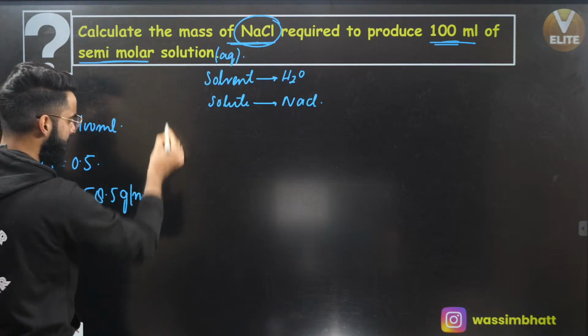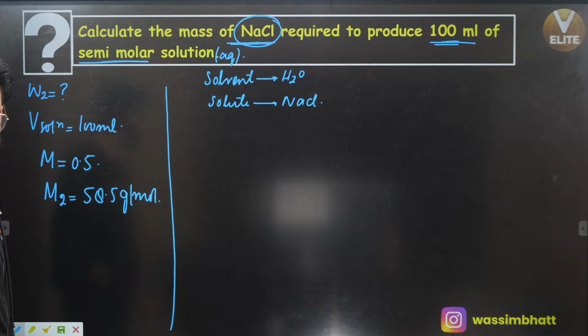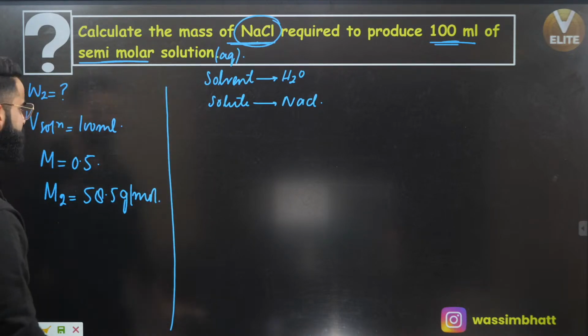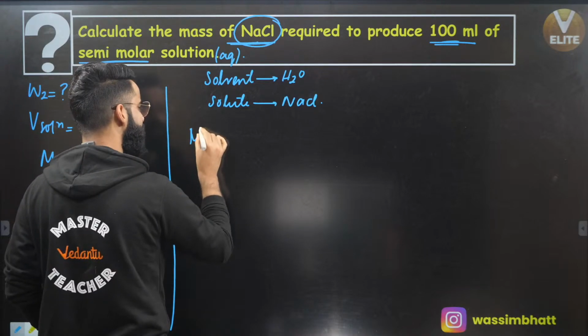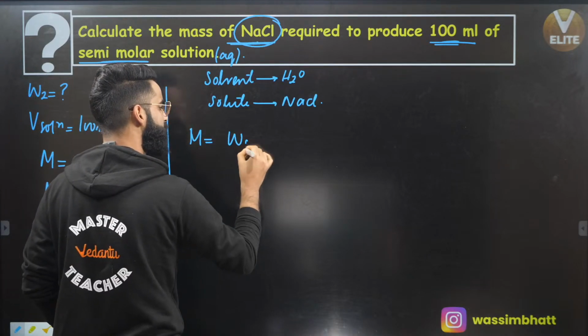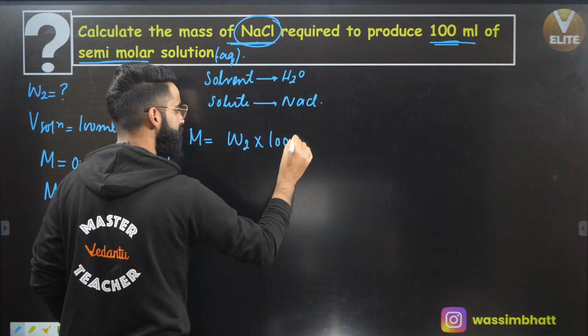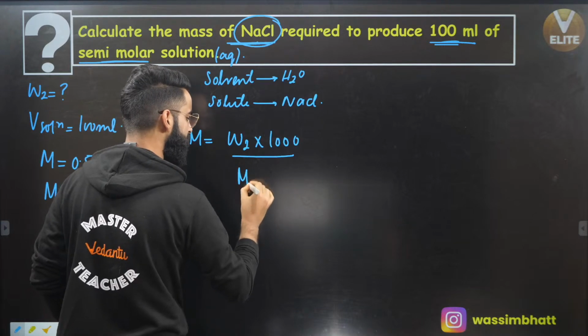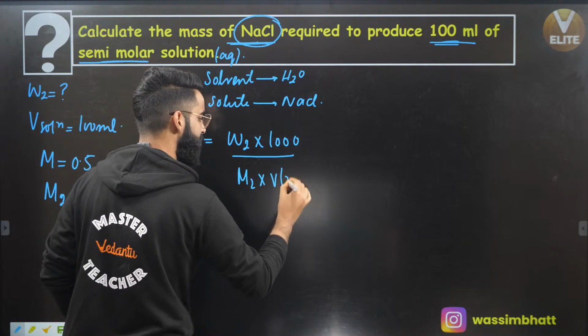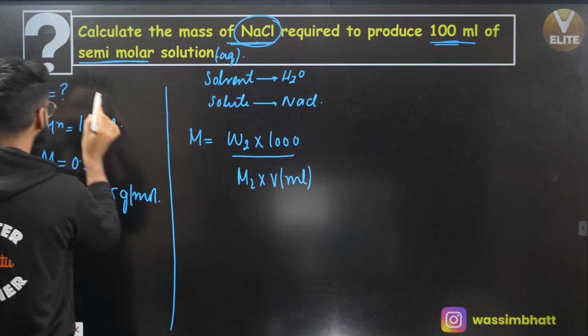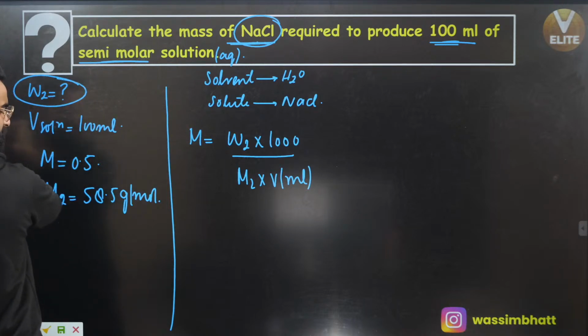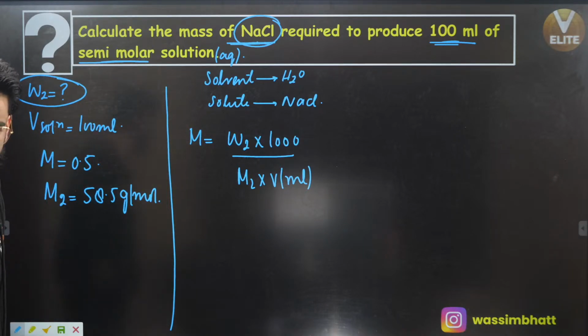Well, we are done. Almost, right? What I'll be doing simply is writing the formula for molarity. Molarity is W2 multiplied by 1000 divided by M2 multiplied by volume of solution in milliliters. What am I supposed to calculate exactly? I'm supposed to calculate the mass of solute, the value of W2.